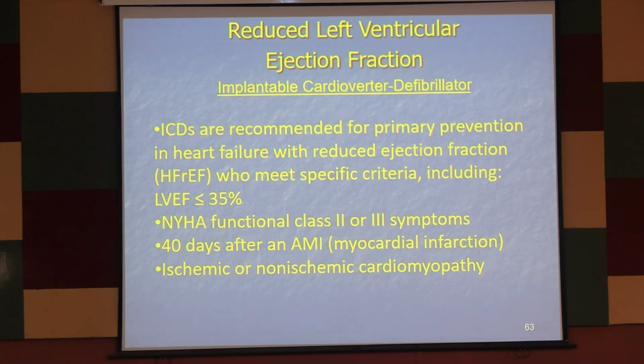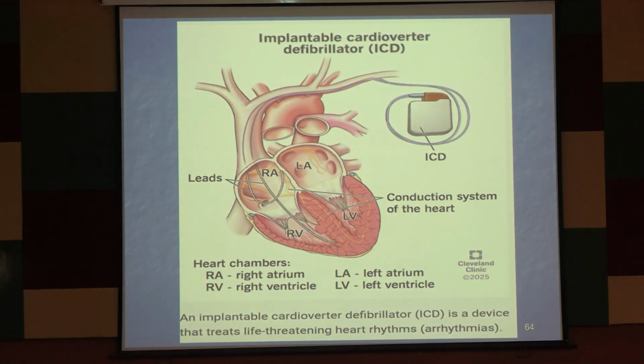The machine is placed in the infraclavicular region and leads are placed through the transvenous approach, that means transsubclavian approach. ICD, this is the pulse generating machinery, and this is the transvenous placement of the catheter in the right atrium, in the right ventricle, or it may be in the subcutaneous tissue.